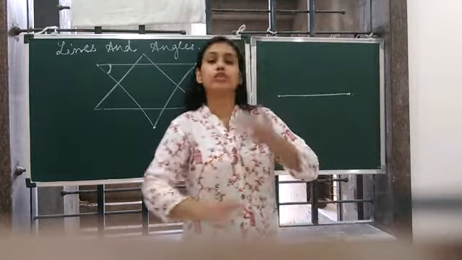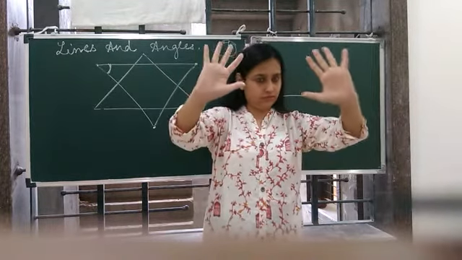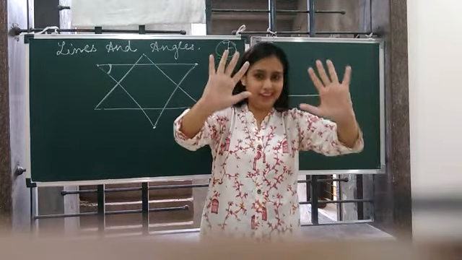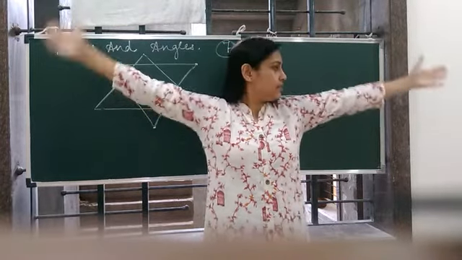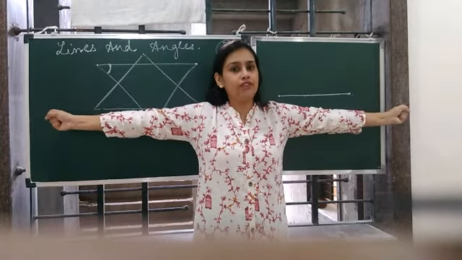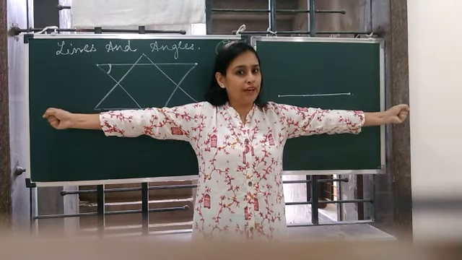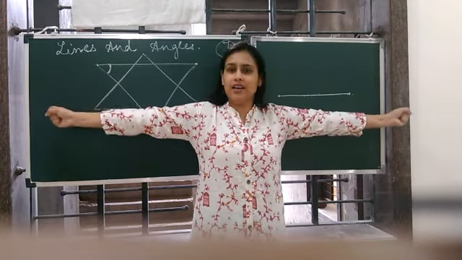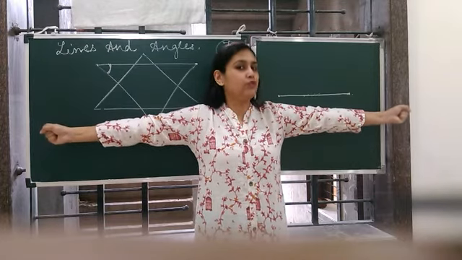You can also show it with your hands: close your fist, this shows two end points. So this is a line segment. It has two definite end points. Got it?